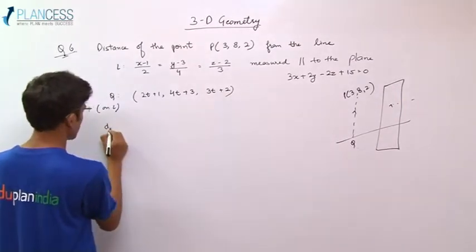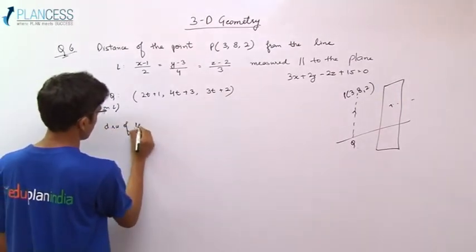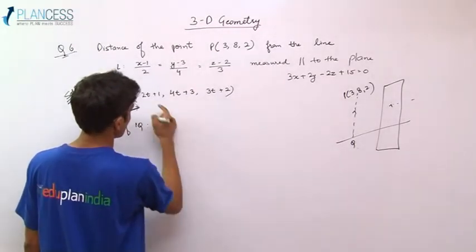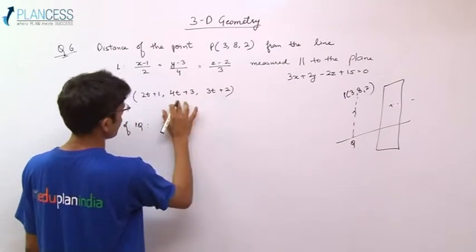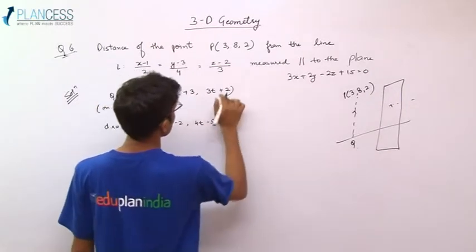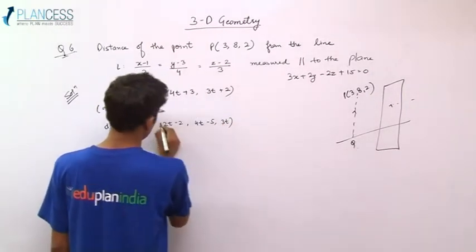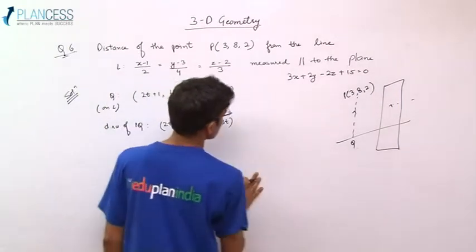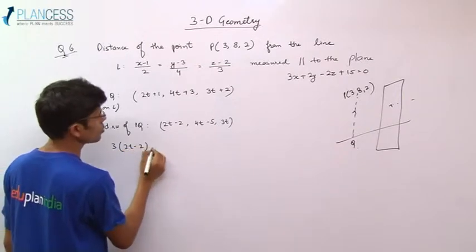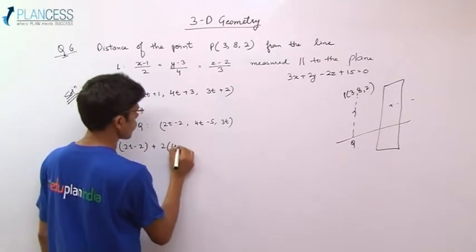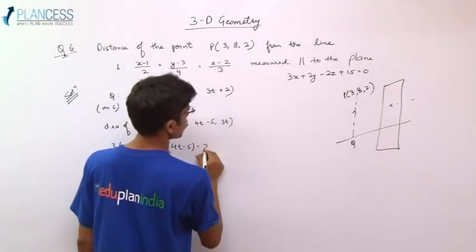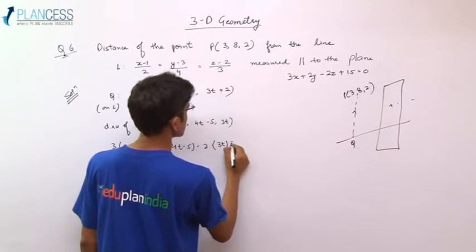So the normal to the plane has direction ratios 3, 2, minus 2. So the direction ratios of PQ are: 2t plus 1 minus 3 is 2t minus 2, 4t plus 3 minus 8 is 4t minus 5, 3t plus 2 minus 2 is 3t. Now this is perpendicular to the normal, so 3 times (2t minus 2) plus 2 times (4t minus 5) minus 2 times 3t is 0.